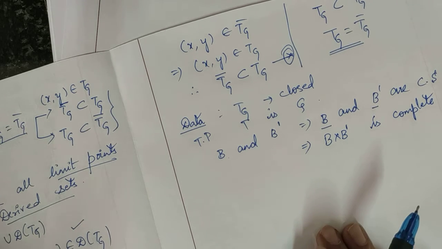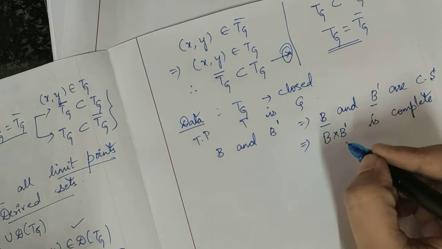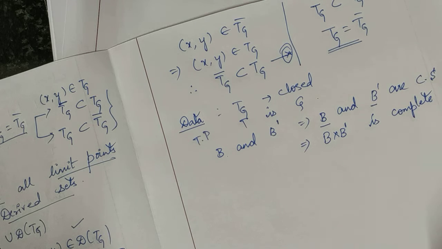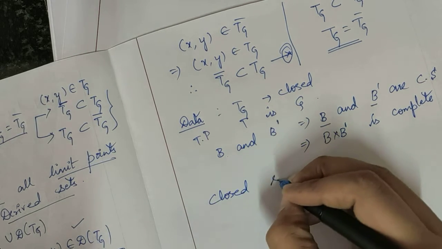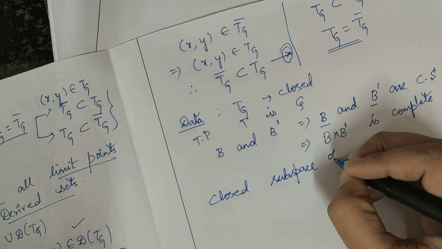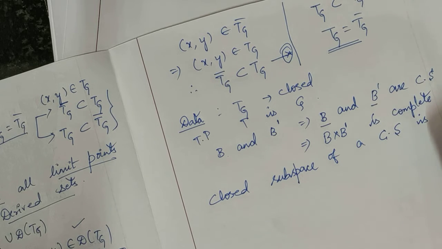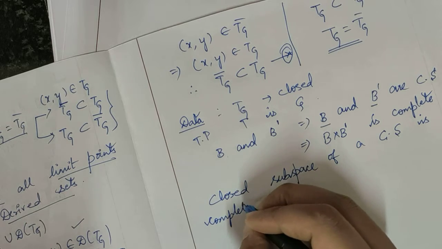Right? Now from this, if you consider any closed subspace of a complete space, then that is also complete. That means a closed subspace of a complete space is also complete. This is a known thing, right?